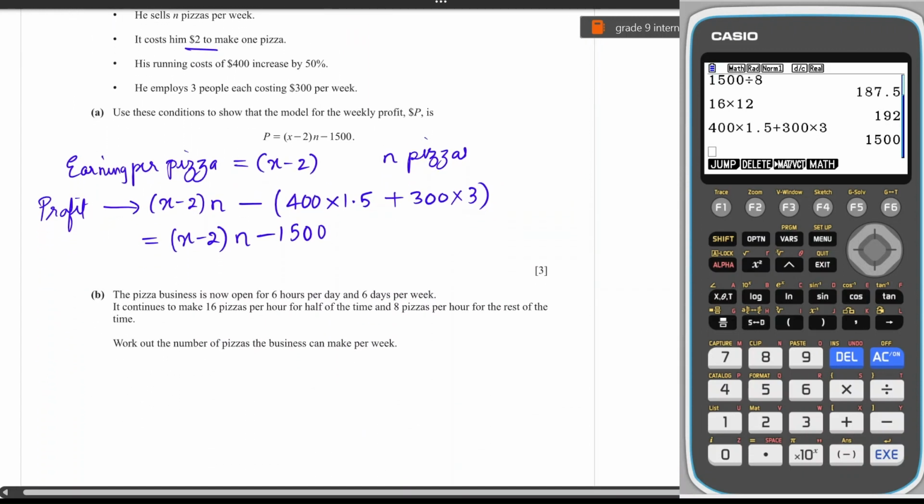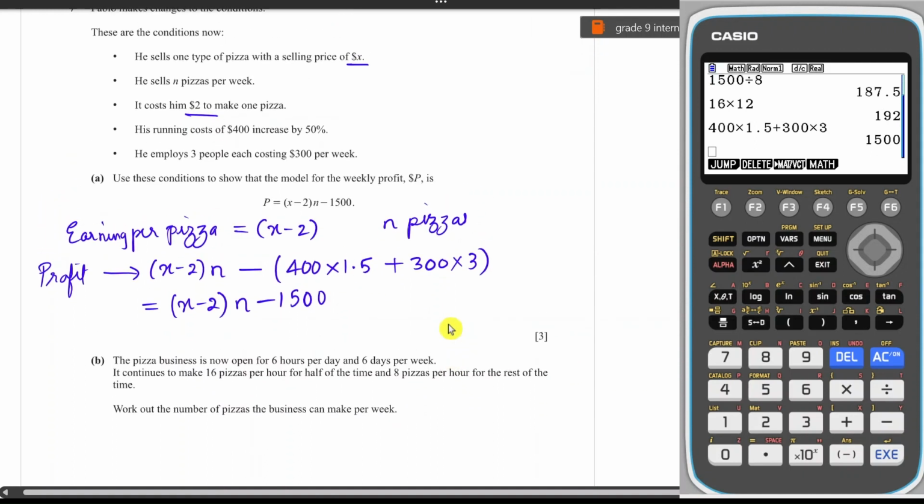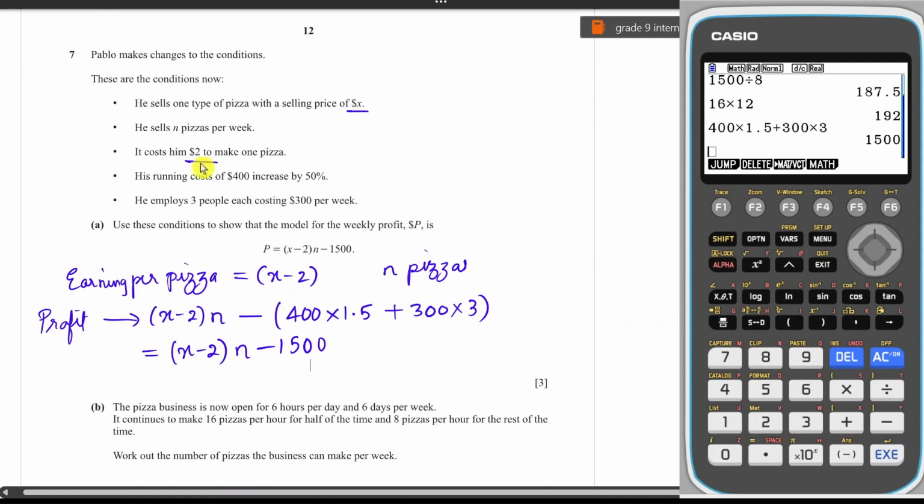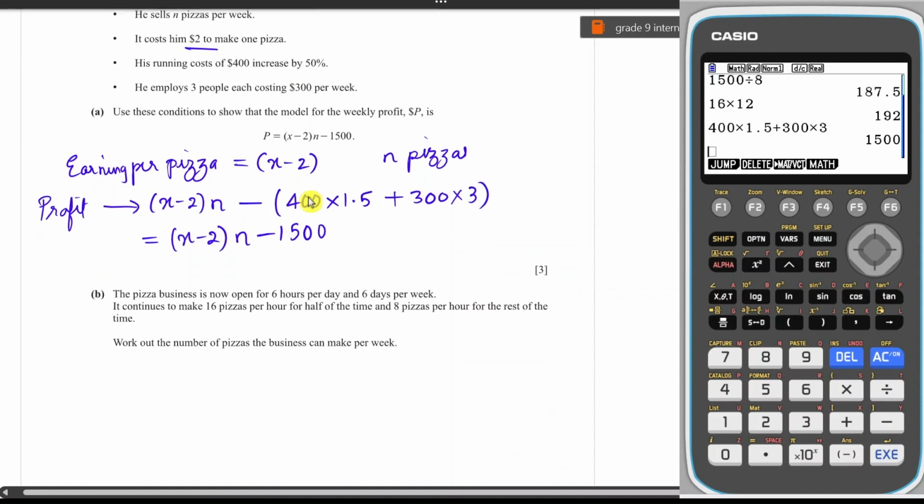So that's shown. So the pizza business is now open for 6 hours per day and 6 days per week. It continues to make 16 pizzas per hour for half of the time and 8 pizzas per hour for the rest of the time. Work out the number of pizzas the business can make per week. So earlier it was given in terms of selling price, and it is said that it makes N pizzas per week.